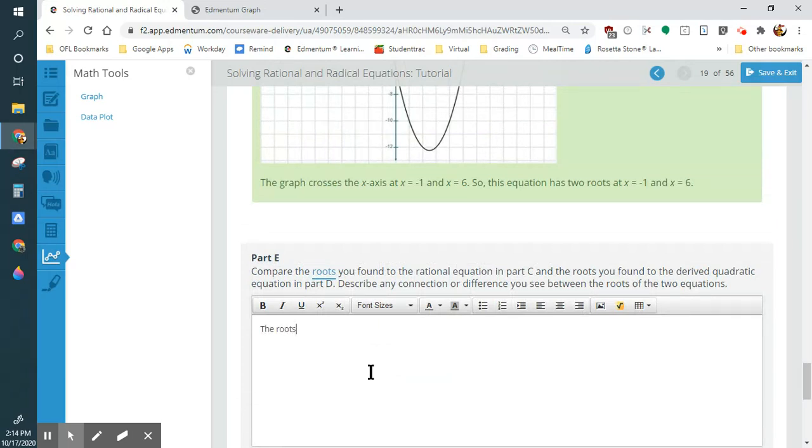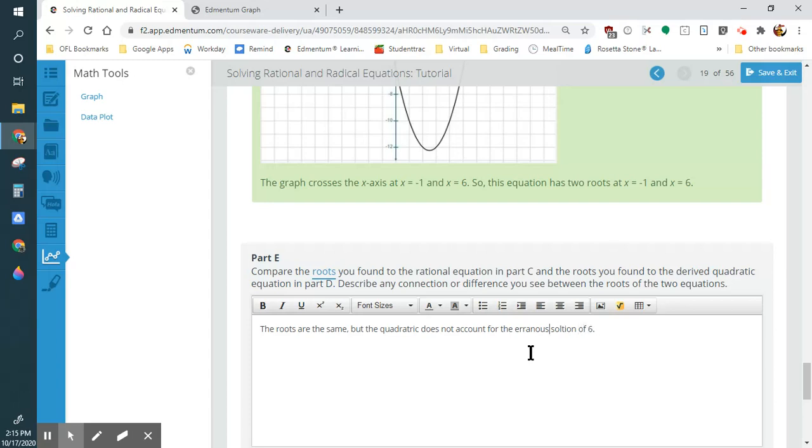So the roots are the same, but the quadratic does not account for the erroneous solution of 6.